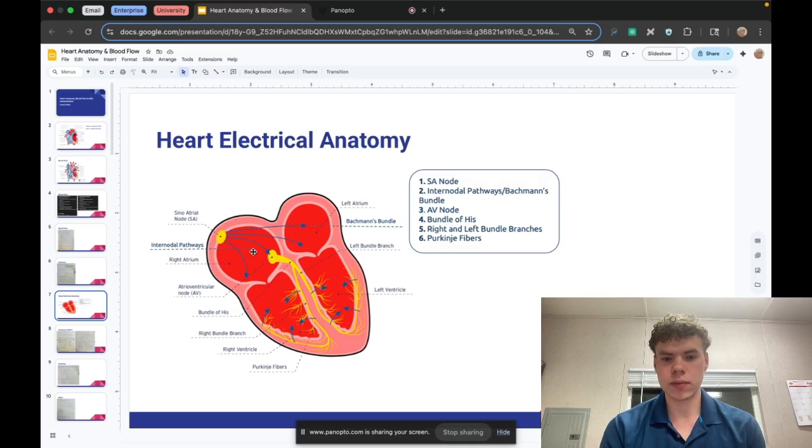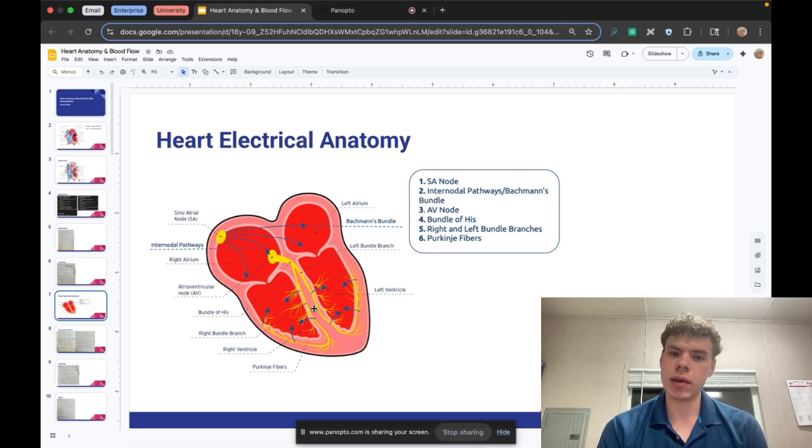heart, right? So there are also things known as bundle branch blocks. Say there's a block on the right side of the heart, a right bundle branch block, or a left bundle branch block, or they might both be blocked. You can also read that in the EKG.